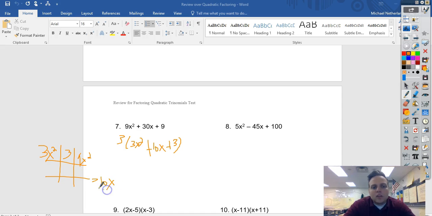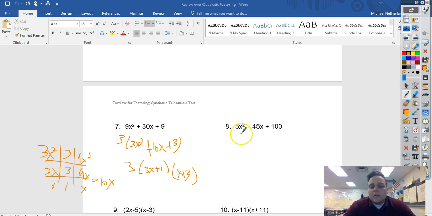I'm kind of running short on time, so the two numbers are 9x and x. 3x squared and 9x have a 3x in common. 3x squared and x have an x in common. 3x times 3 is 9x, x times 1. Go across, go across. Don't forget little brother. So you say 3x plus 1, x plus 3. And there you go.